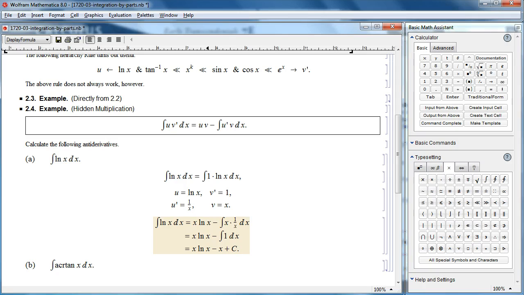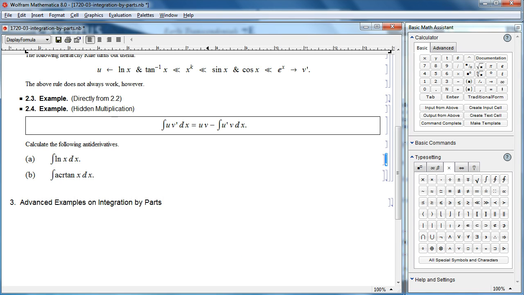So getting v prime equals 1 and taking the antiderivative to get x looks counterproductive because 1 is much simpler than x, but log of x was such a complicated function, and that is becoming 1 over x. You gain so much from there that v prime to v is just a small loss. In any case, here's an example of hidden multiplication.